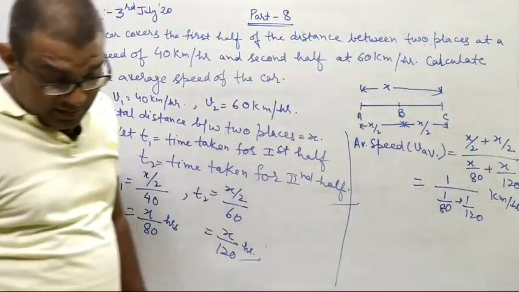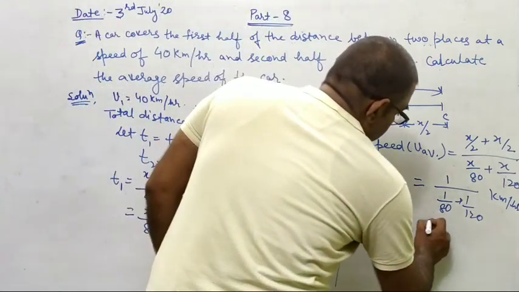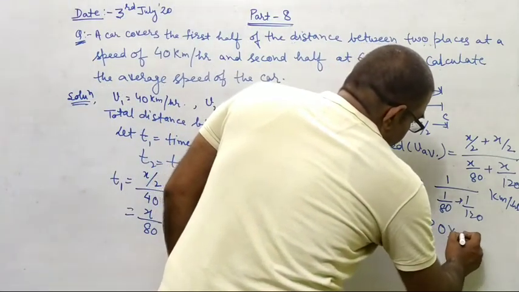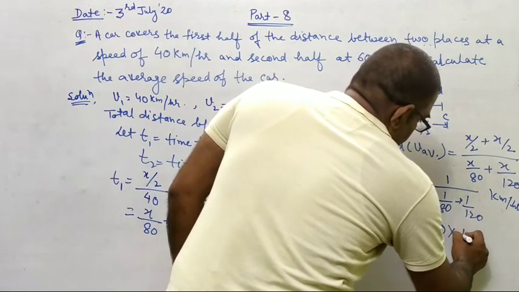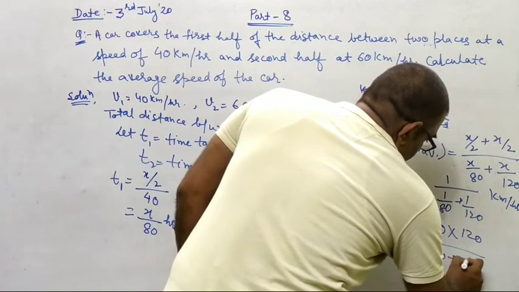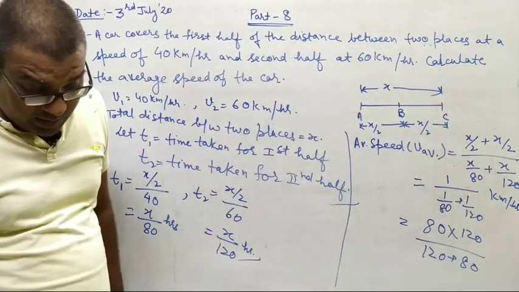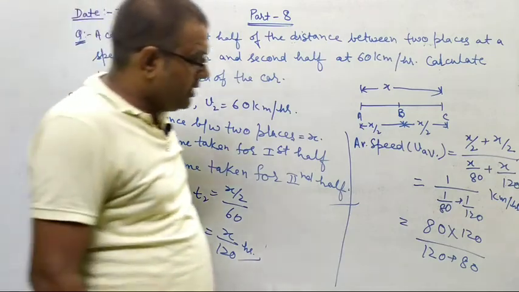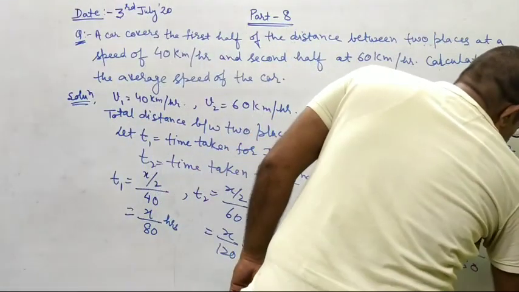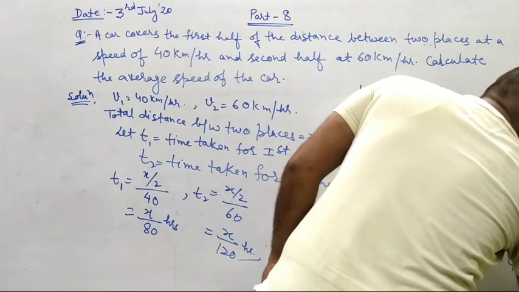Now taking the LCM, you will get 80 into 120 upon 120 plus 80, that is 200.